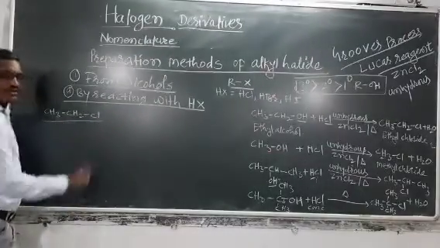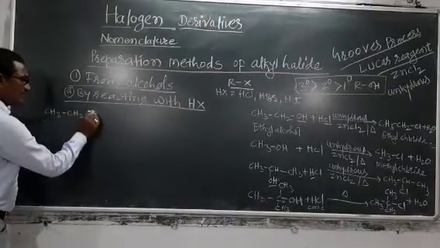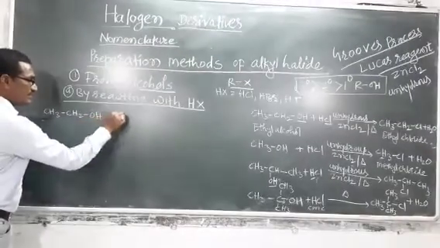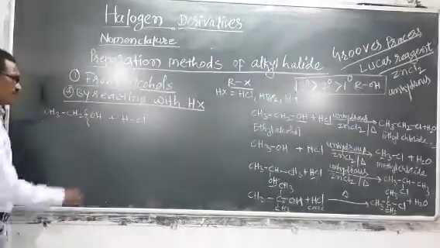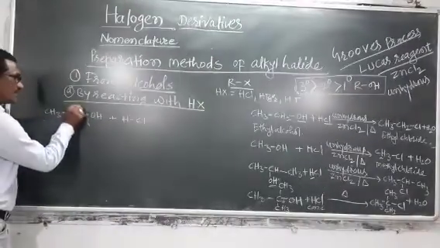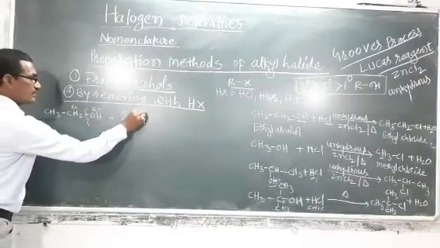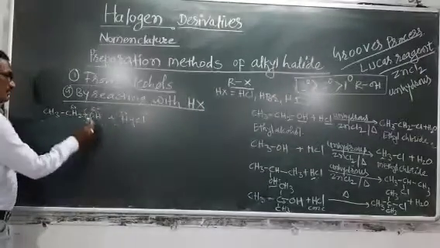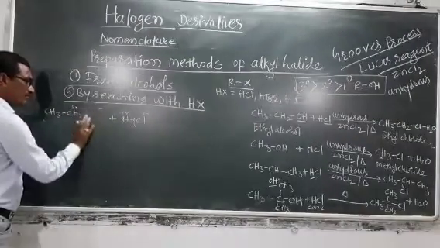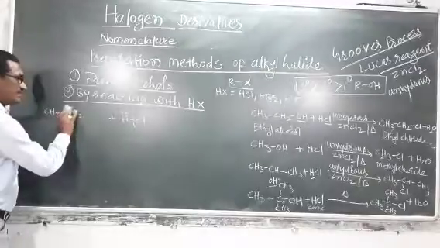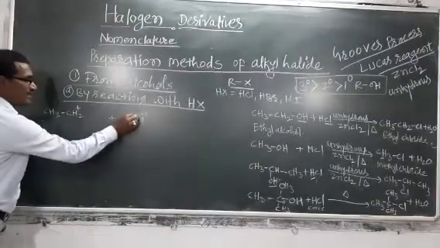This will be the product. Once again, writing HCl here, this bond gets broken. It will acquire delta positive and delta negative. Means we have to break this bond, and this will acquire a positive charge and the other a negative charge.